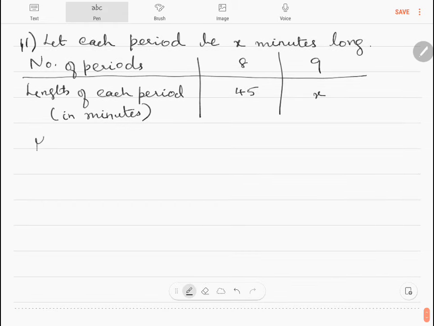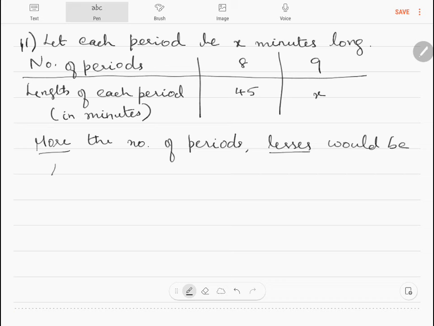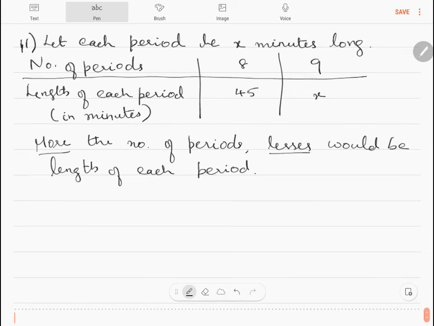So we know that more the number of periods, lesser would be the length of each period. So this is in the case of inverse proportion.